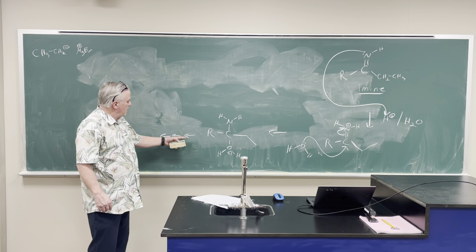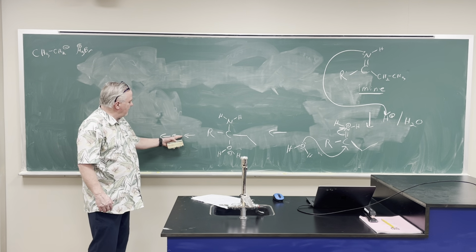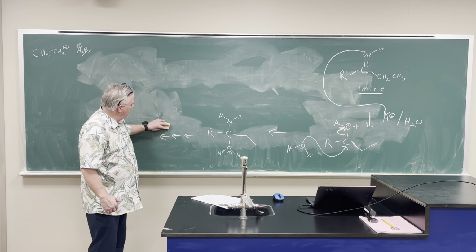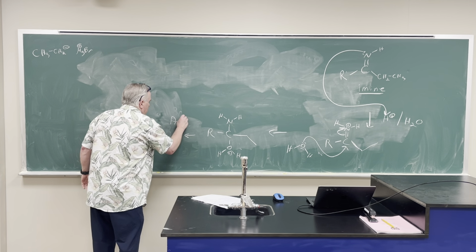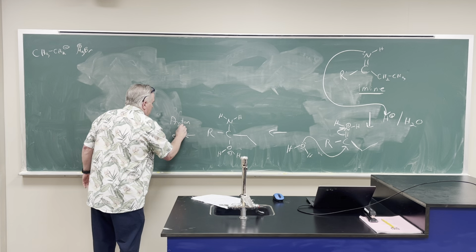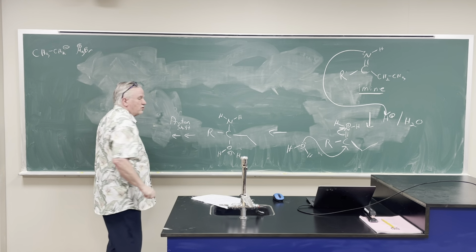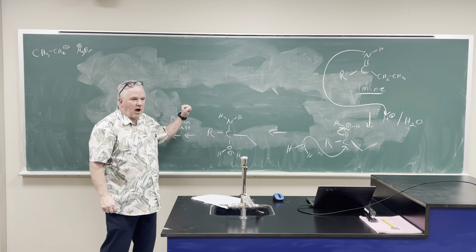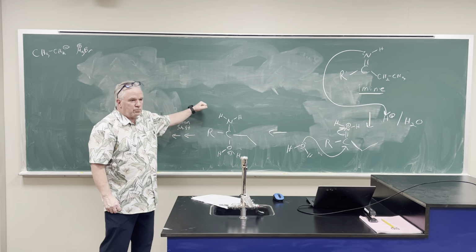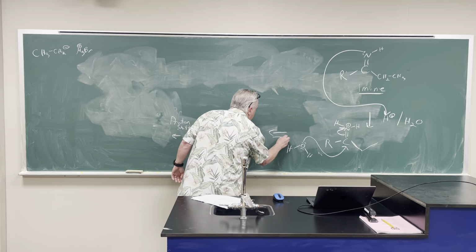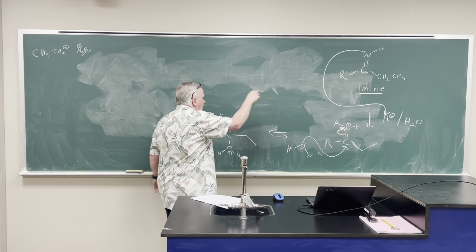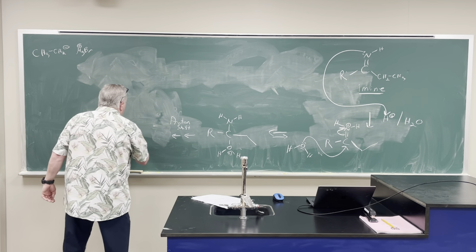So I pull a proton off, get my neutral compound, and then a proton comes along. We're just doing a proton shift. We're doing a series of proton transfer reactions. One's pulling off, then it's floating around, putting it on somewhere else. All of these reactions are reversible after we've added the water. So now we have this thing.